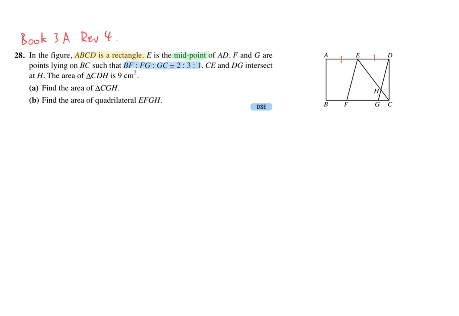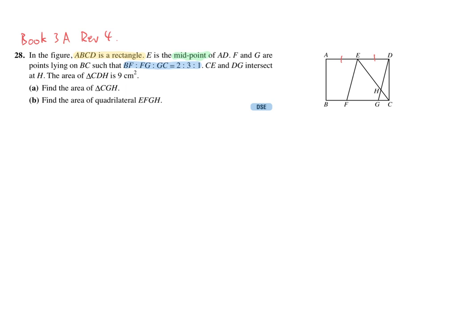And then we know that CE and DG intersect at H. So that means CHE and DHG are also straight lines. Okay, so we understand this.